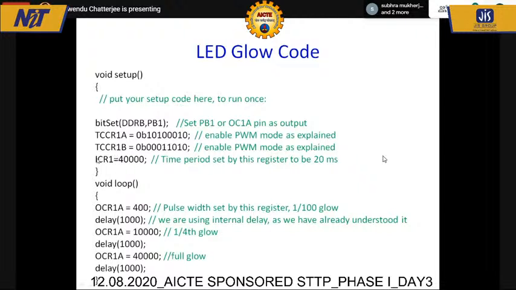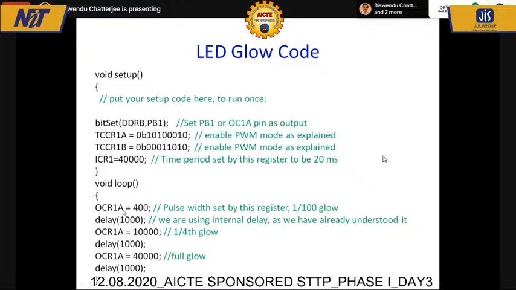So initially we will put ICR1 equal to 40,000. Why? If you remember, the time period needs to be 20 milliseconds. We will not change this value, so it will run once only. What we will change is OCR1A.